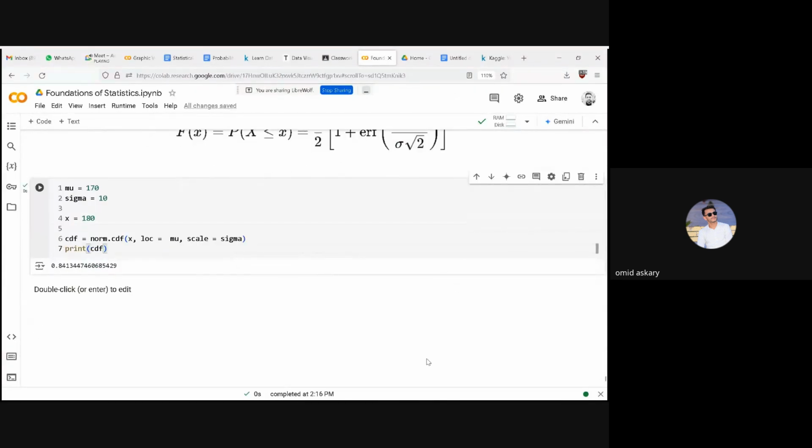Now, what does it mean? 0.84 means that if there's a bunch of people where the average height is 170 centimeters and the standard deviation sigma is 10 centimeters, and you choose one person randomly from this whole population, there is an 84% chance that the height of that person is less than 180.